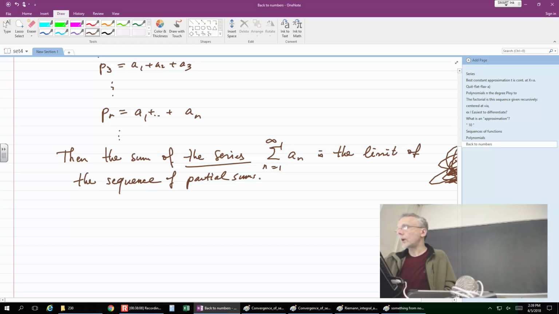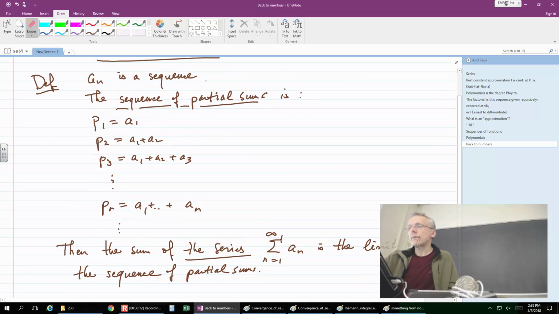Okay, so once again, we're not trying to find the limit of the sequence itself. We don't care. We want to create a sum of elements of that sequence and see where that summation takes us. The only way to figure out how to add infinitely many numbers together is through limits. So we have to form a new sequence and look at the limit of that sequence.